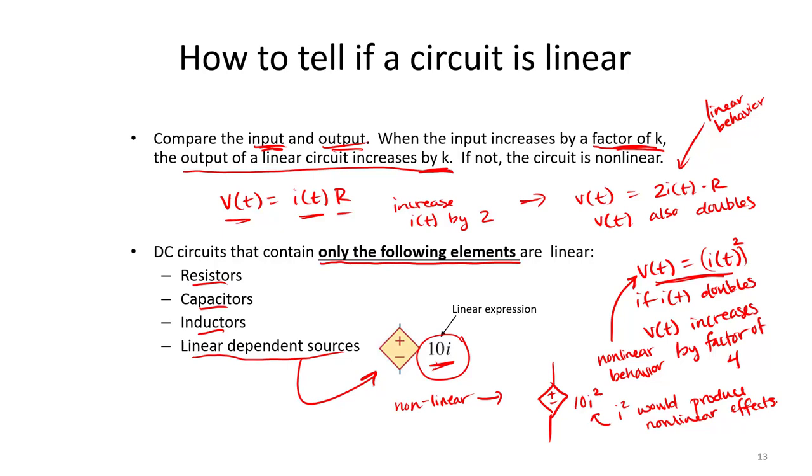So as you can see, the vast majority of the time in our class, our circuits will have linear behavior. But keep an eye out because occasionally there may be situations when a circuit has nonlinear behavior.